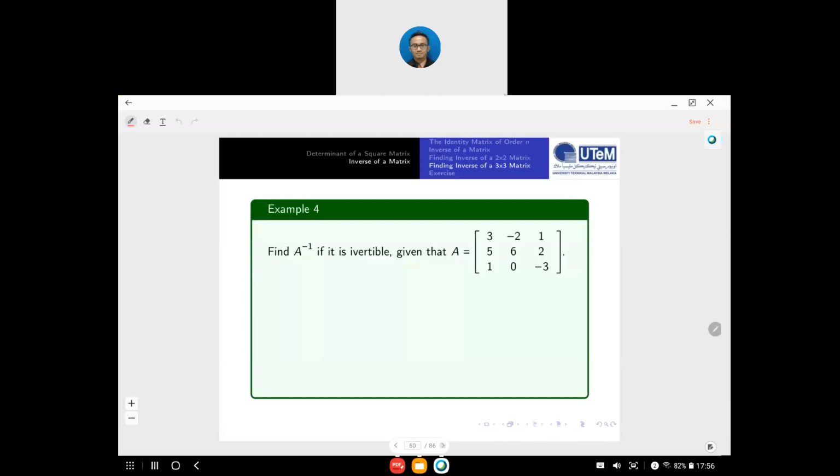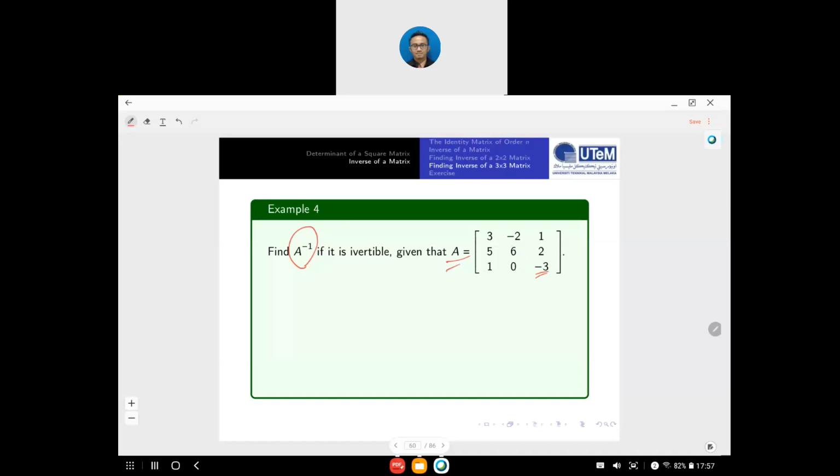Okay, look at the example. Find the inverse of matrix A. Okay, if you have 3, -2, 1, 5, 6, 2, 1, 0, -3. Okay, so you have this matrix and then you want to find A inverse.